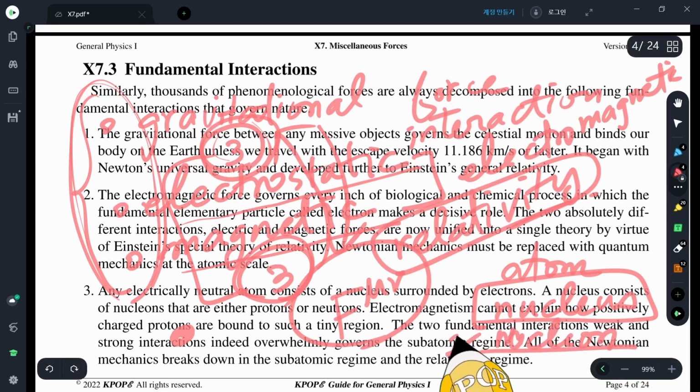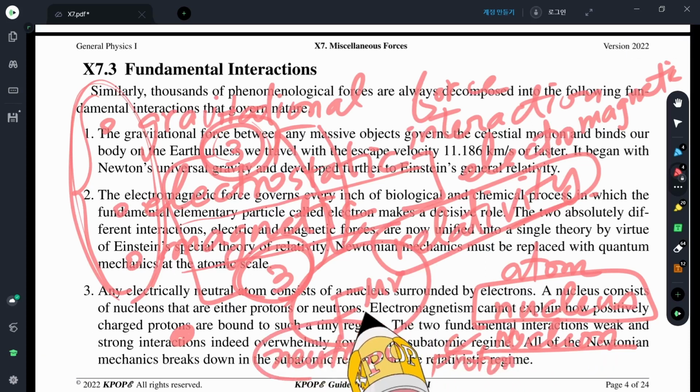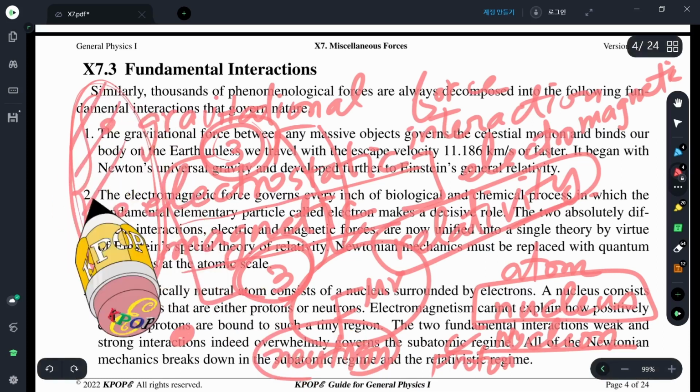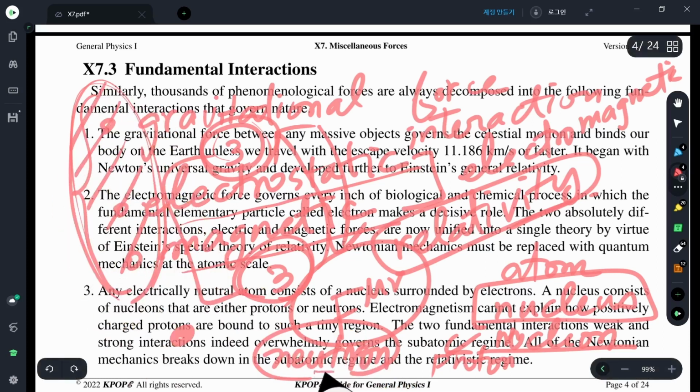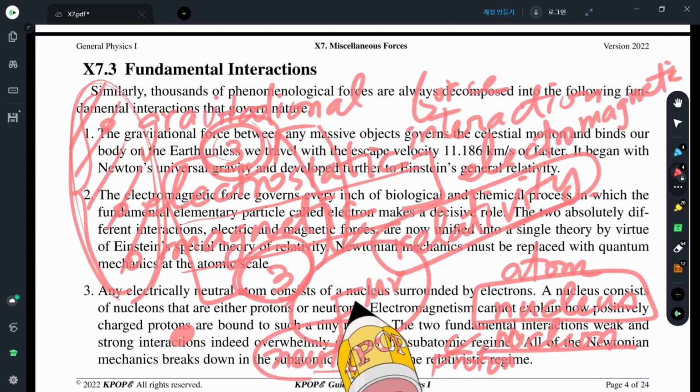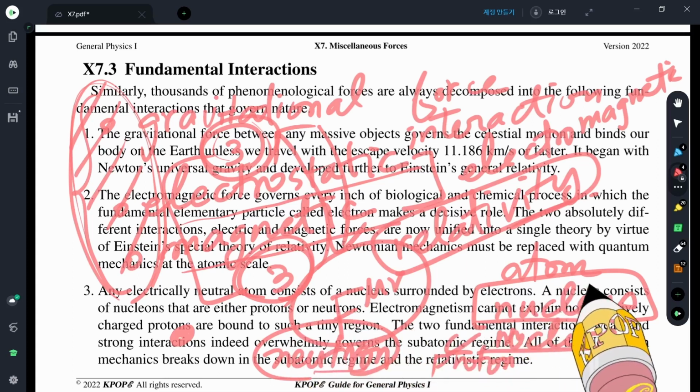Nucleons are either proton or neutron. And neutron is electrically neutral, but if we stick to these forces, there's no way to explain how electrically neutral particles are within a very tiny space called the nucleus.